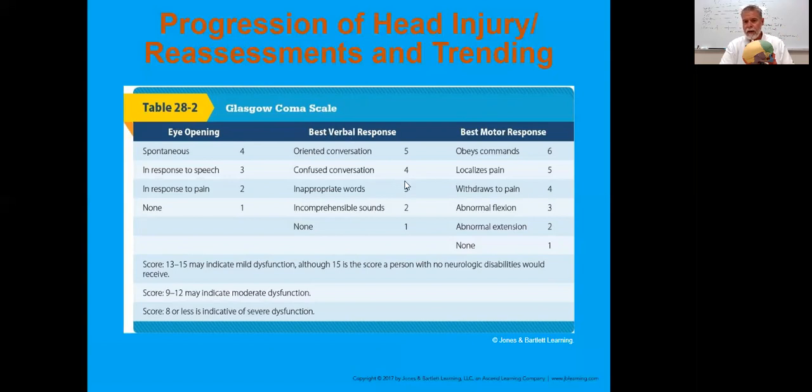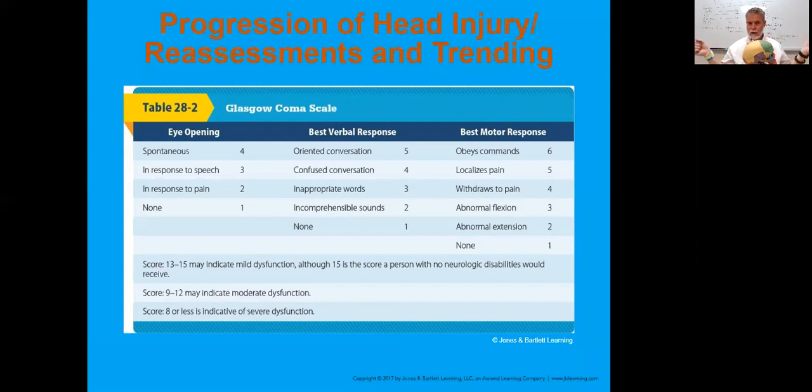It doesn't get into the different types of posturing, but remember one thing we saw in there was decorticate posturing. Decorticate means you're coming through the core, and when I do this, it's more of a flexing motion. So decorticate posturing is abnormal flexion.